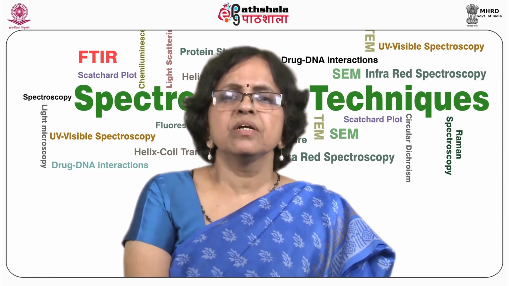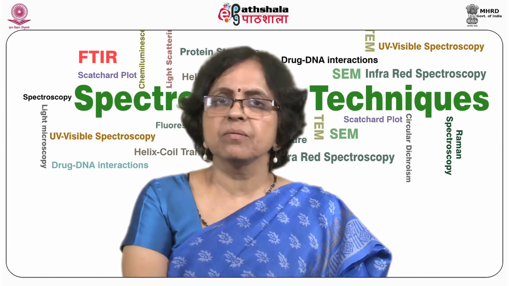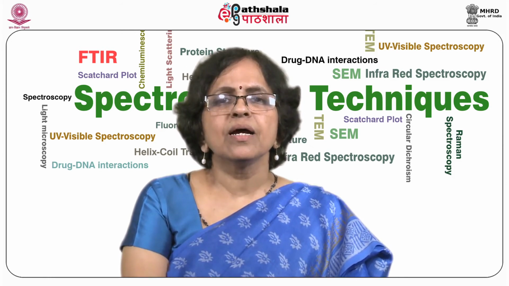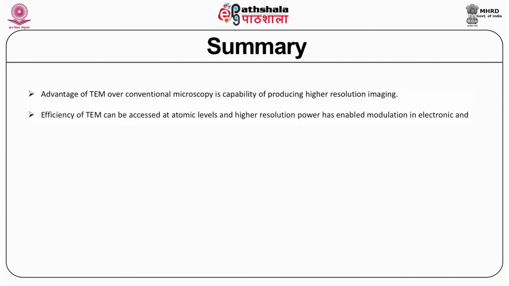Now, after giving the details of the TEM, both the technical aspects as well as the specimen preparation, let me summarize that the TEM has a much higher resolution as compared to conventional optical microscopy, and the efficiency of the TEM can be assessed at atomic levels with higher resolution.